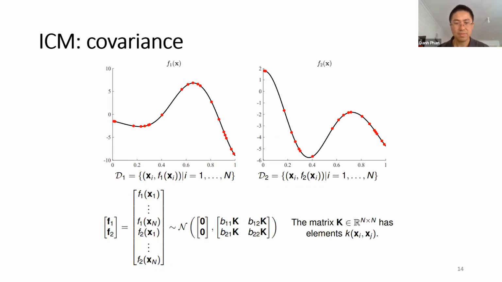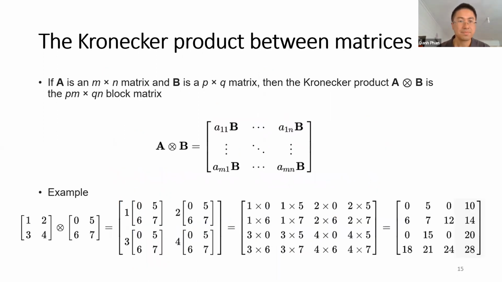So let me have a quick review on Kronecker product. The Kronecker product between the matrix A with matrix B will be equal to each element of matrix A multiplied with matrix B, and we stack it together to have a bigger matrix.